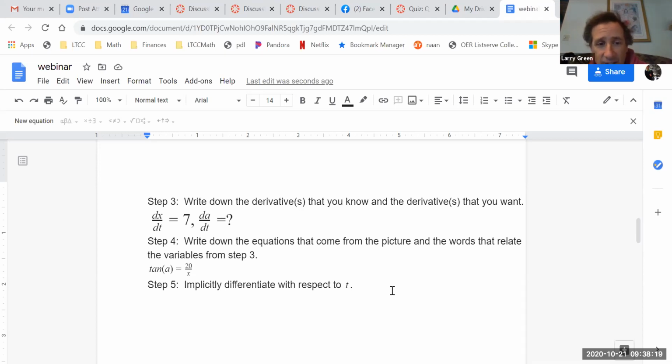Okay, so now let's start with tangent of A. What's the derivative of tangent of A? You're supposed to have this memorized. Secant squared A. Right. Well, it starts with secant squared.